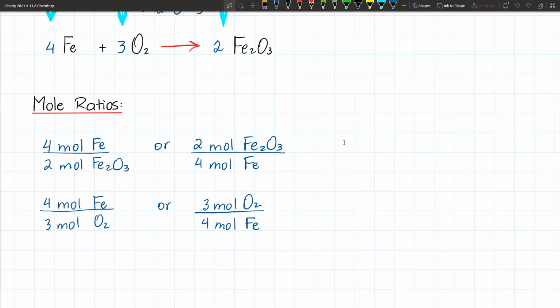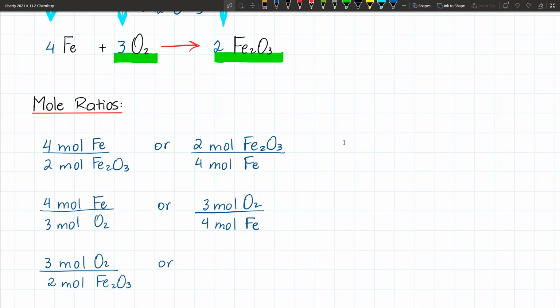Now you can relate oxygen with the product. What can we say about the oxygen? 3 mole of oxygen produce 2 moles of iron trioxide.